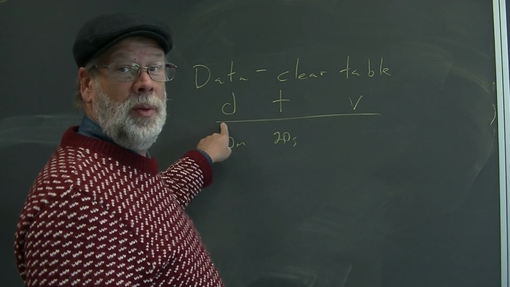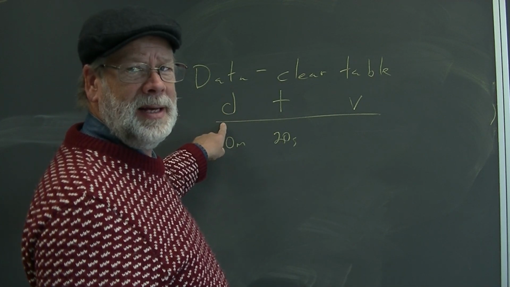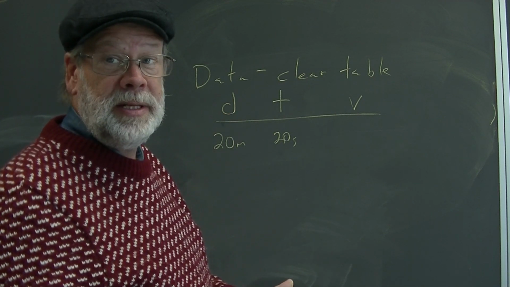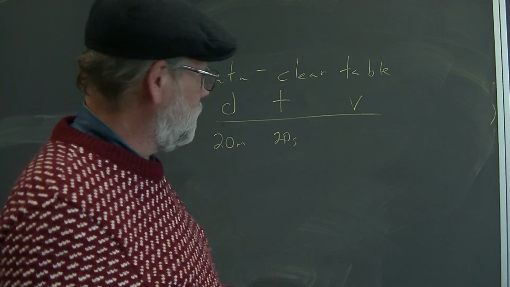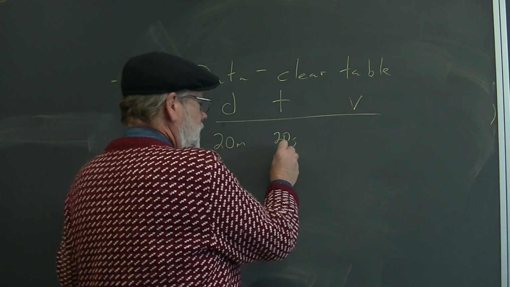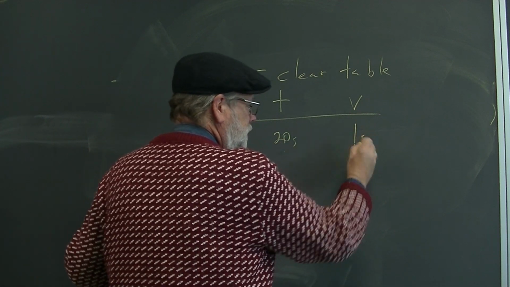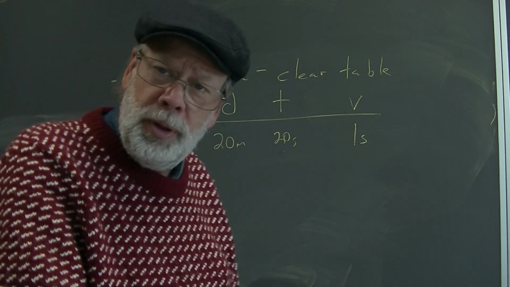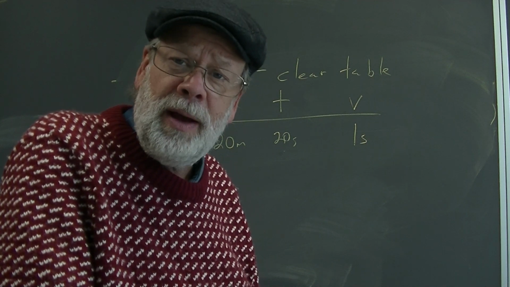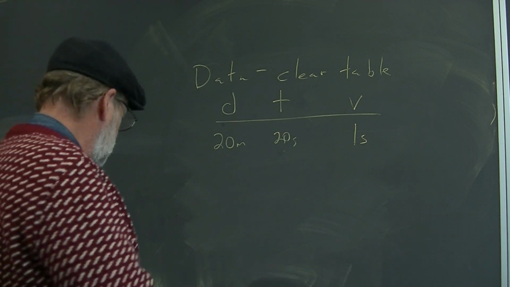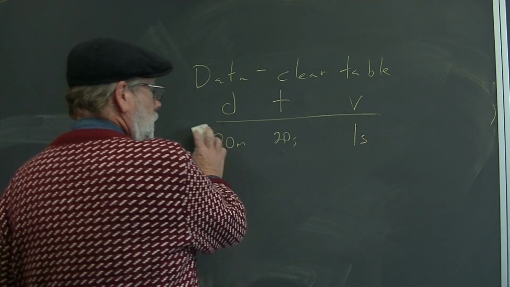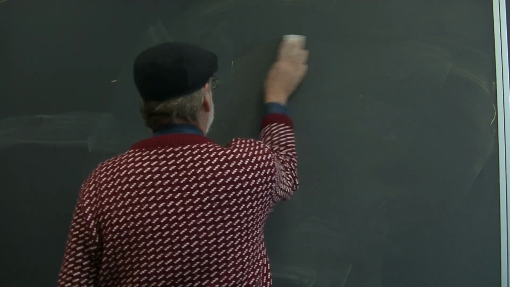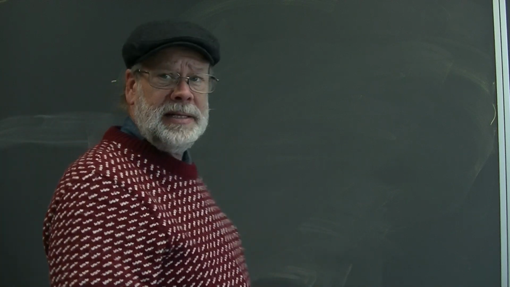So distance going first makes a lot of sense, doesn't it? It's how I'm going to enter it into the calculator. So it would be really silly to put time first. So put, as you would put it into your calculator. Try to enter it that way on your data table. It makes life a lot easier. When you have to do so much data, you don't need things that would confuse you more. So that's the data table.